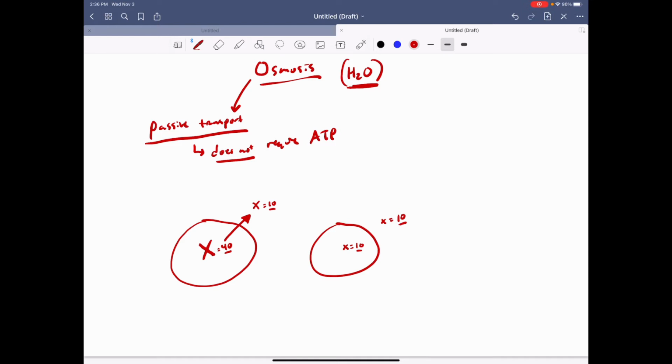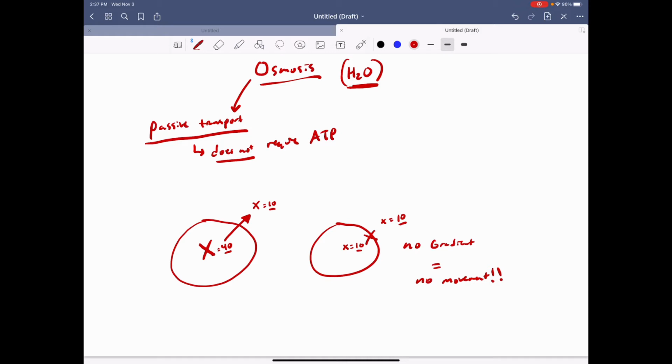Okay, pause the video if you need to, okay? Okay, I'm going to pretend you paused, all right? So it's not going to move at all. No gradient equals no movement, okay? This is very important, okay?